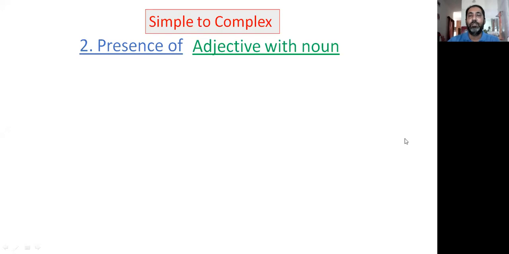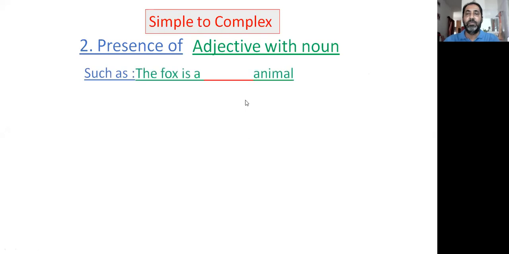Dear participants, if there is no non-finite verb, then you will see an adjective with a noun. If you see any adjective with a noun, you can easily make a subordinate clause using the adjective. Such as, the fox is a dash animal, right?